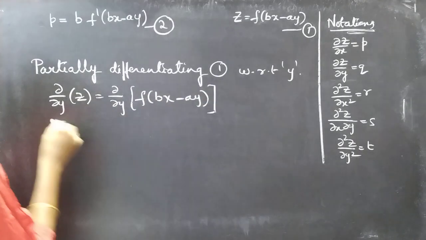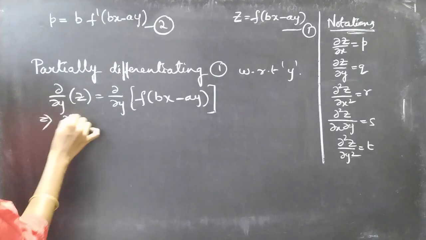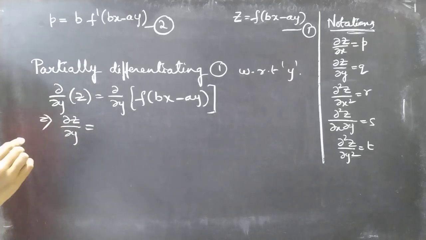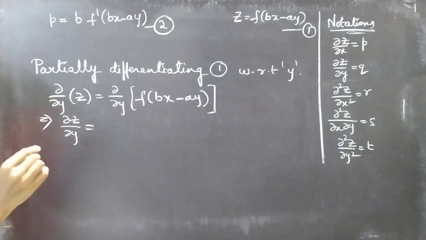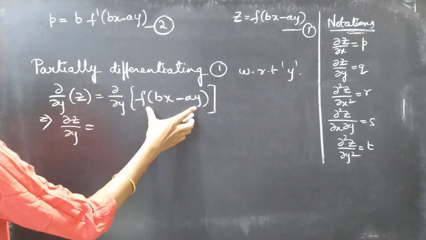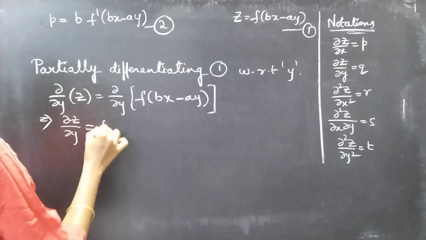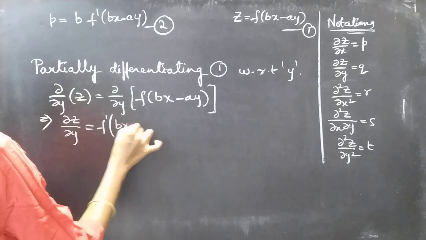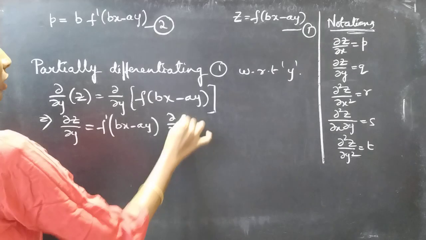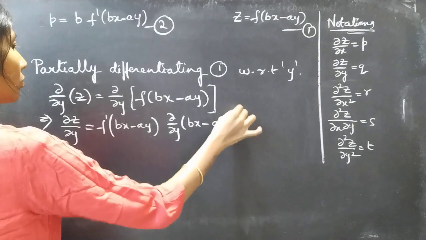Since we are partially differentiating with respect to y, we'll treat x as constant here. We'll get dou z by dou y equal to, here z is a dependent variable and x and y are independent variables. Now we need to find the partial derivative of f of bx minus ay with respect to y, which is f dash of bx minus ay into the inner derivative, that is the derivative of bx minus ay.